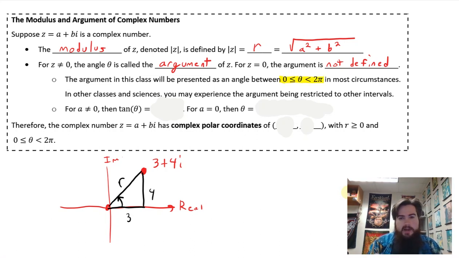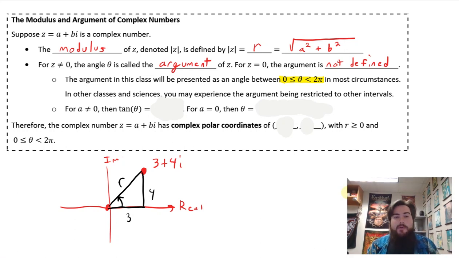In other classes and sciences, you may experience the argument to be restricted within other intervals. For example, it is actually relatively common to see the argument listed as an angle measure between negative pi and pi, instead of 0 to 2 pi. For simplicity, though, and also for connections to previous concepts, we're going to list the argument between 0 and 2 pi, like a usual angle measure within the unit circle.